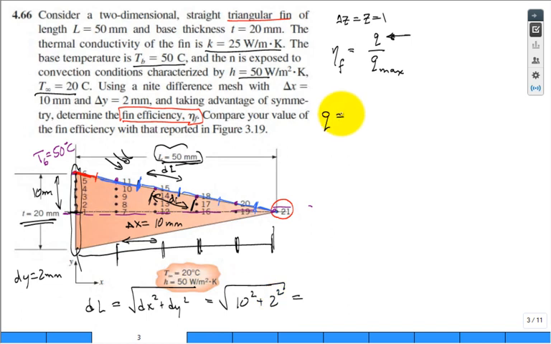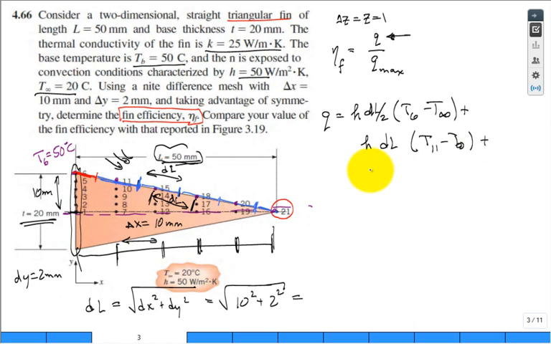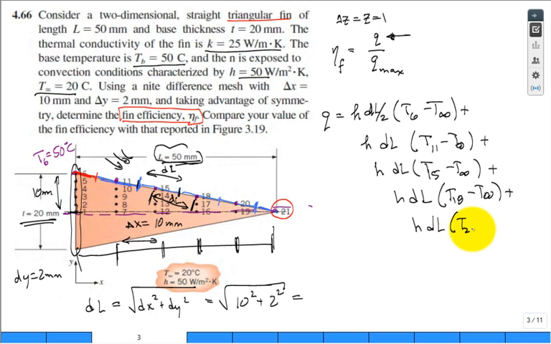So Q is equal to H times, the first one for node 6 is DL divided by 2 times T6 minus T fluid infinity, plus H times DL times T11 minus T infinity, plus H times DL times T15 minus T infinity, plus H times DL times T18 minus T infinity, plus H times DL times T20 minus T infinity, plus H times DL times T21 minus T infinity.